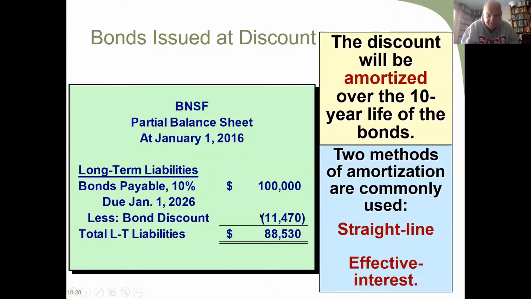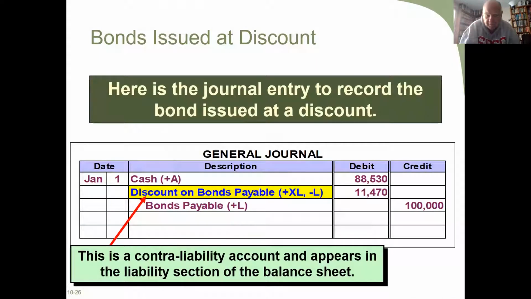You subtract the discount, and the total long-term liability will always be the present value. So what do we do with that 11,470, which, by the way, is a contra liability account? The reason I say that, I saw that question pop up one time on a test. True or false, the discount on a bond payable is a liability?